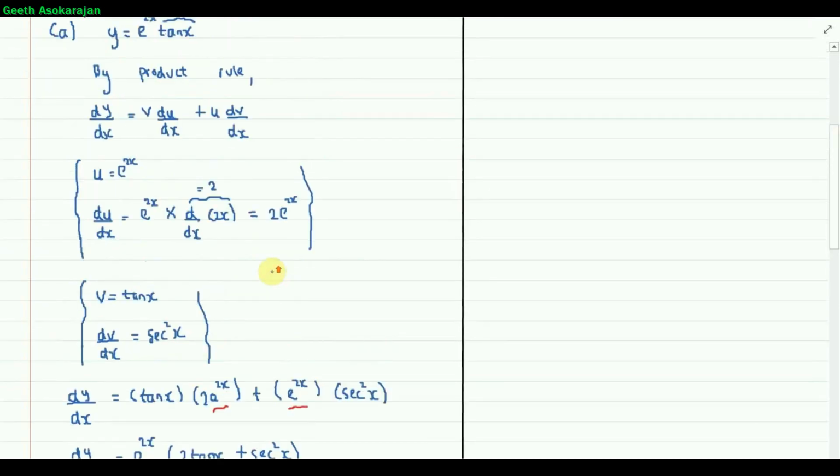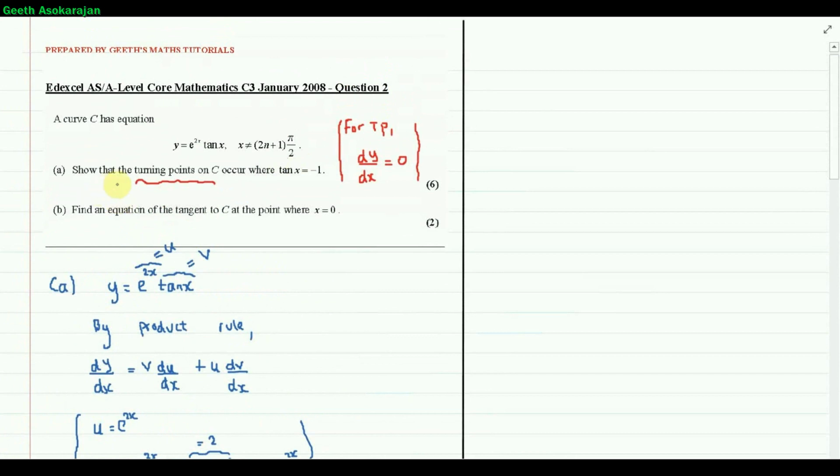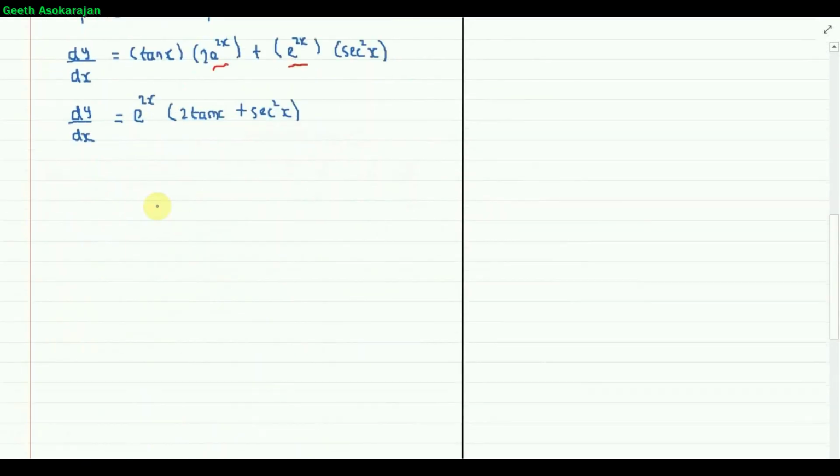Now if we go back to the question, we need to show that turning points occur where tan x equals -1. And remember the condition that I've outlined here: for any turning point, dy over dx, or the gradient of the tangent at that turning point, is 0. So let's follow this through and apply the condition.